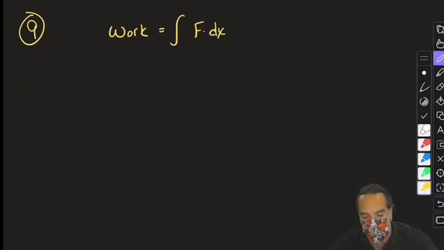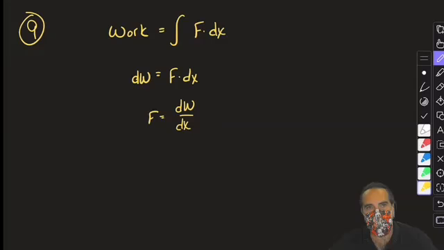Recognizing that means that a small incremental amount of work is equal to force times an incremental amount of displacement. If you don't take the integral of both sides, you have this before then, right? You guys understand what I'm saying? Which means that the force equals dW/dx. Now, we don't have W.